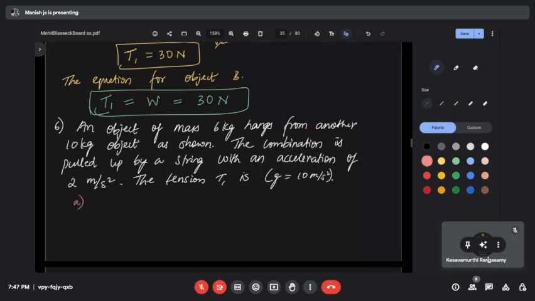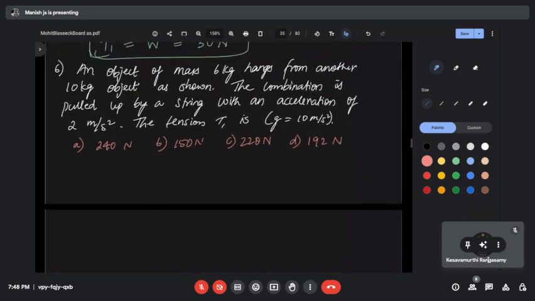I'll give you the options and then the figure. A is 240 newtons, B is 150 newtons, C is 220, and D is 192. And here comes the figure.